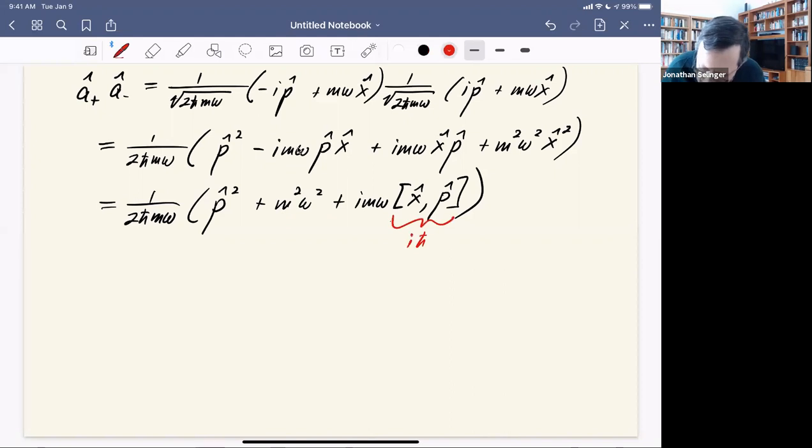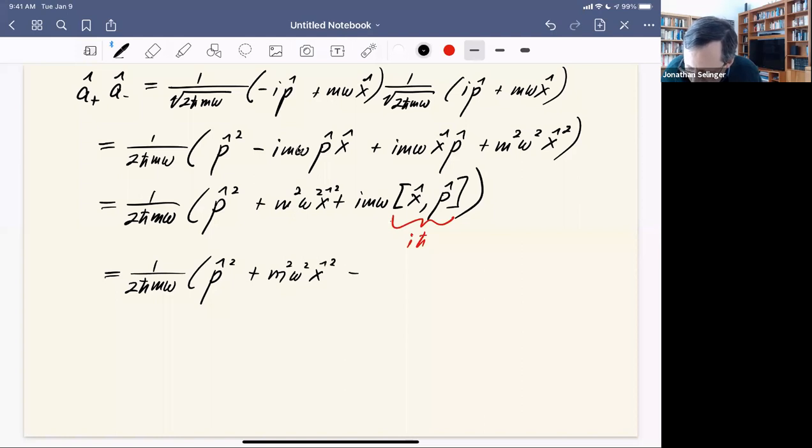So this combination is 1 over 2h bar m omega times p squared plus m squared omega squared x squared, minus h bar m omega. Whoops, I forgot an x squared there, sorry. And again, I'll take the factors of 2 and m and put them inside on everything.